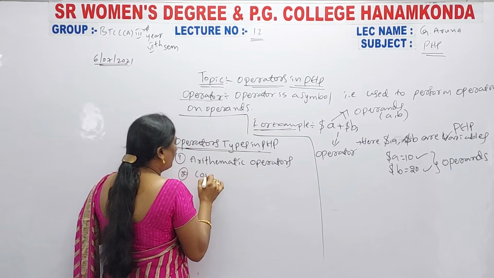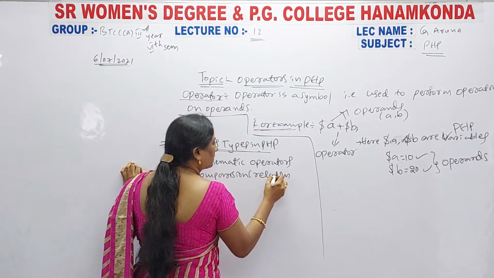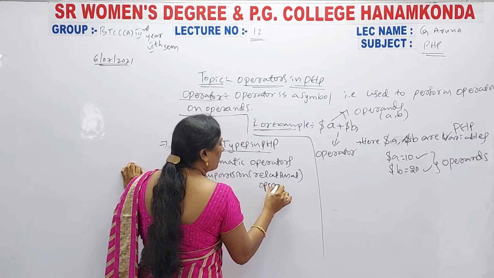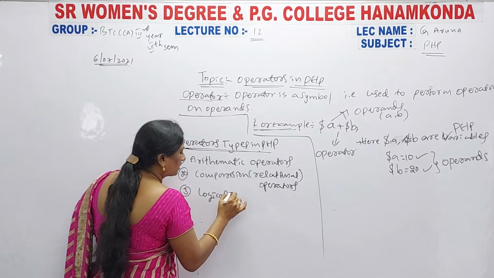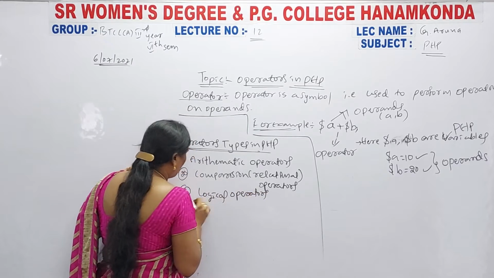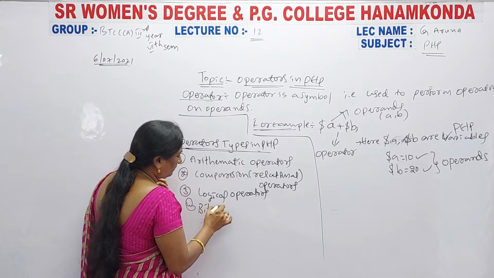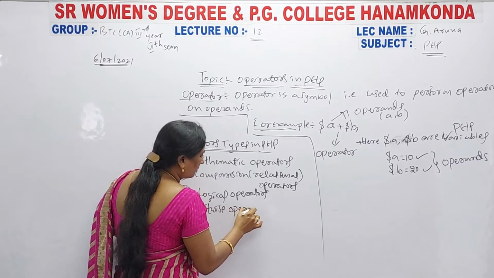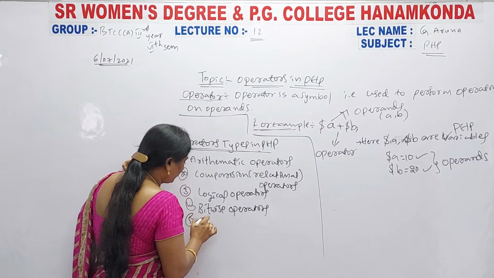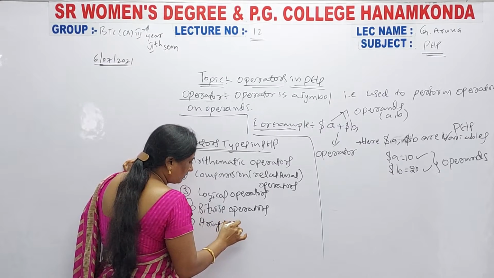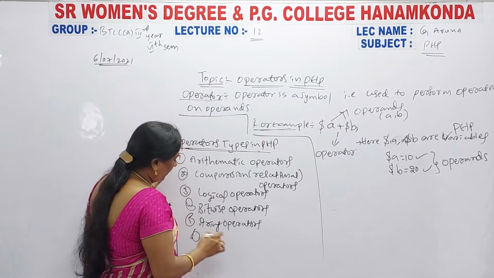Second is comparison or relational operators. Third is logical operators. Fourth is bitwise operators. Then string operators, and next increment and decrement operators.